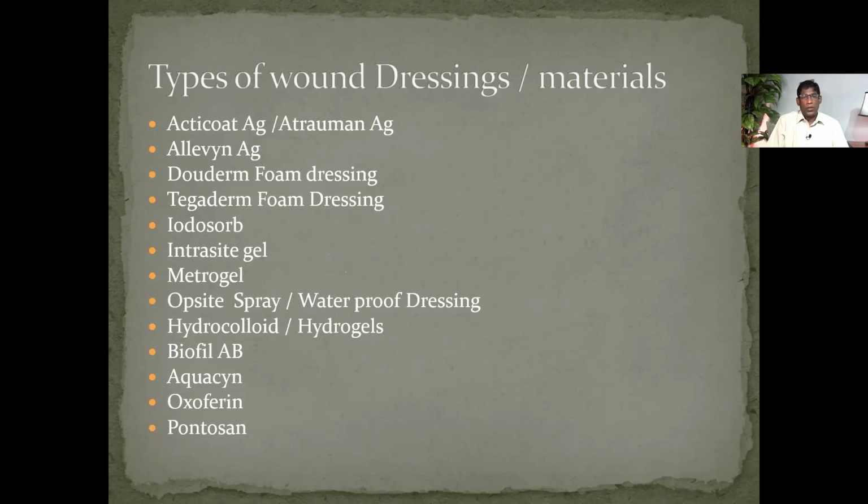So Acticoat, what is Acticoat? Acticoat has got silver, and you have a shining surface and a less shining surface, which can be put every third day on a wound where you need the antibiotic property of silver.